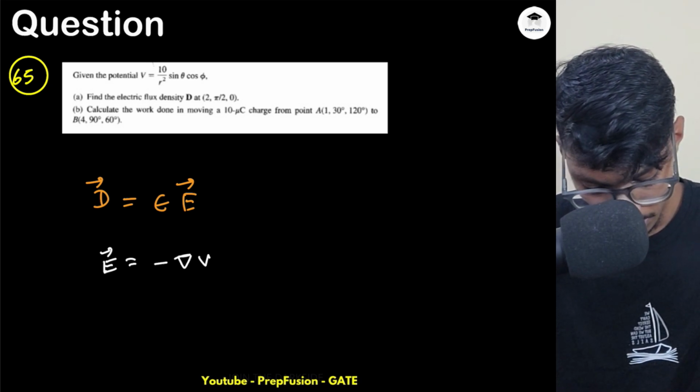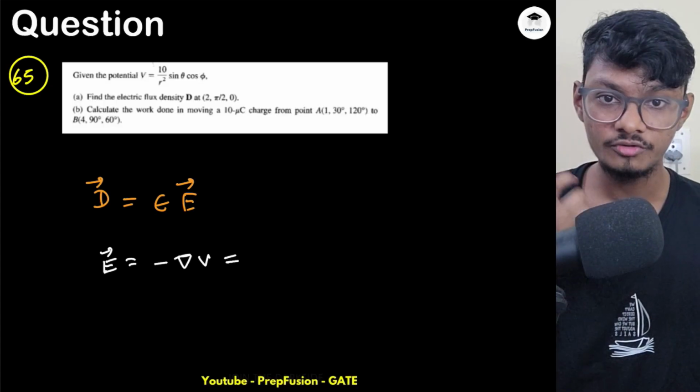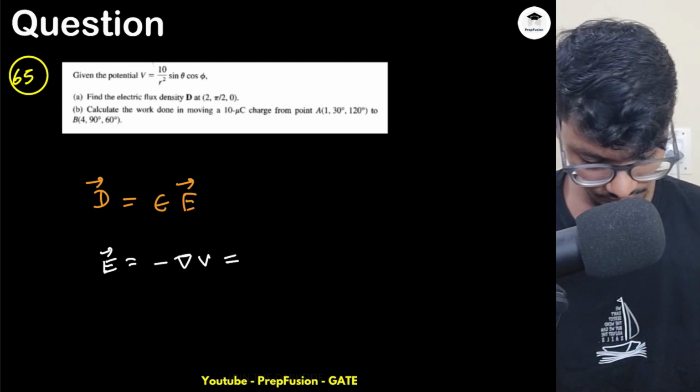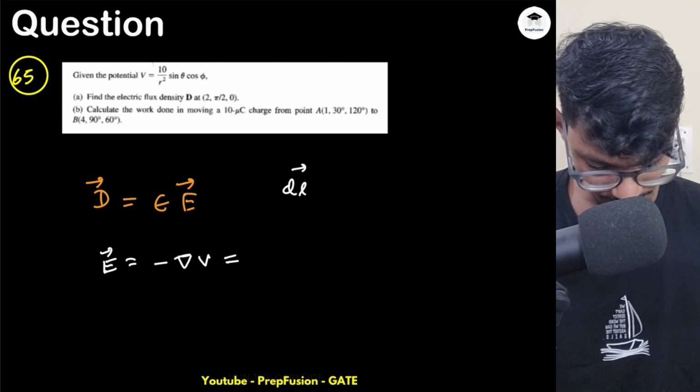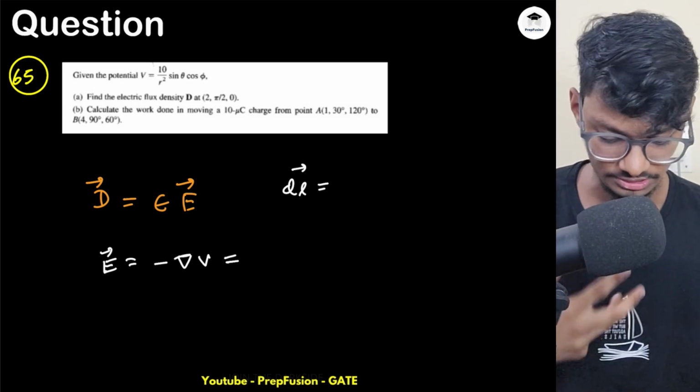Now this is in the spherical coordinate system, so I will solve it using the spherical coordinate system. How do you find out the gradient of this thing? First of all, you have to recall what the gradient was. You have to write the length dl vector first. If you tend to forget this, write it in your short notes, and this is how you will recall.